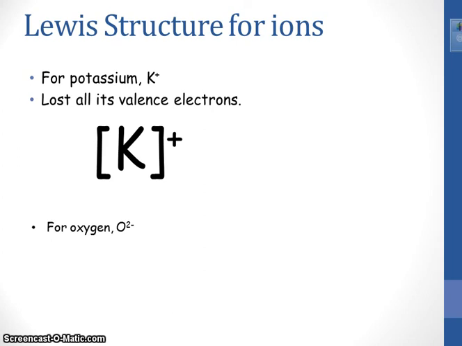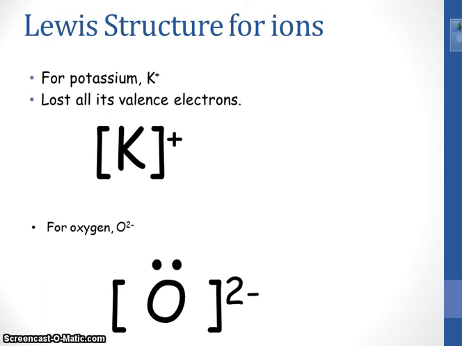Now, let's try one where we gain electrons. We'll do this for oxygen. Oxygen becomes a 2- because it's in group 16, and it's going to want to gain 2 electrons to look like the noble gas. Here, we'll put our 2 electrons in our s, and then we'll put 1 in each one for our p before we fill them in.